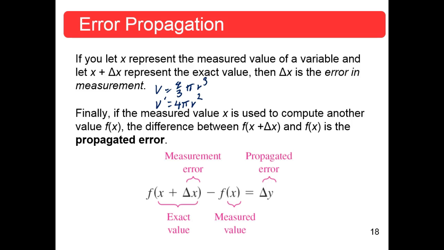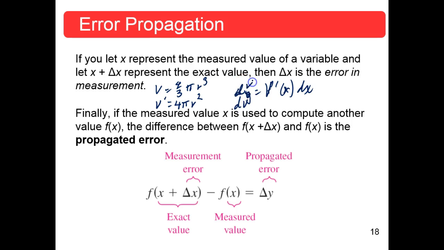Now, our estimated propagated error will be dy, which is f prime, let's call it V prime of r, not x, dx. So this will be the dV.